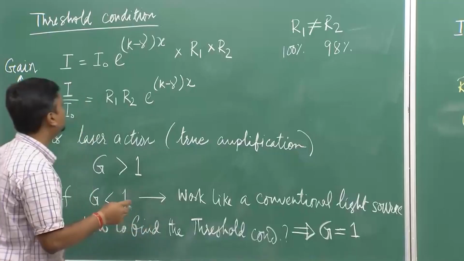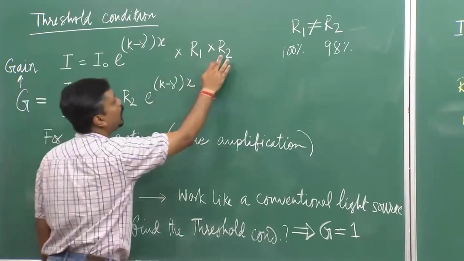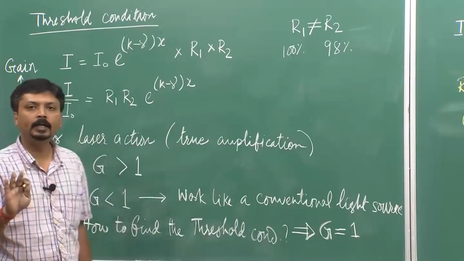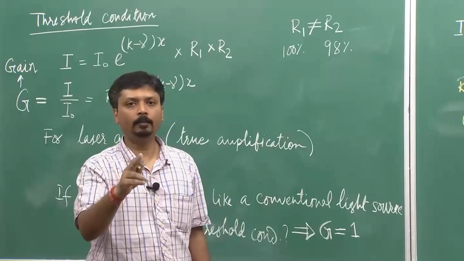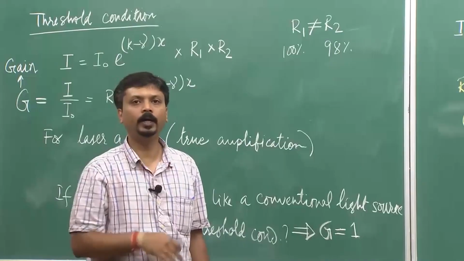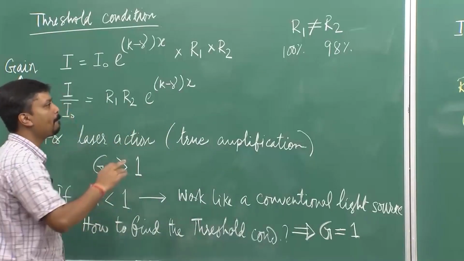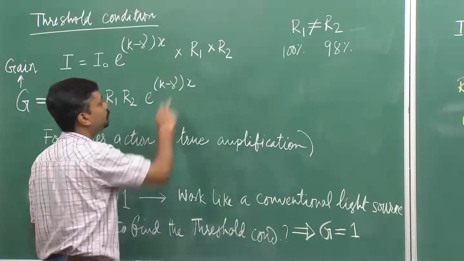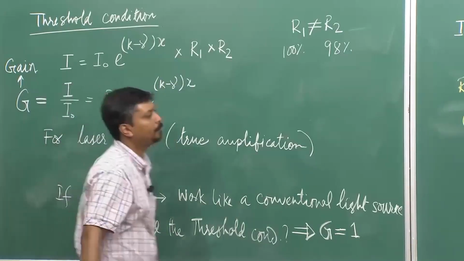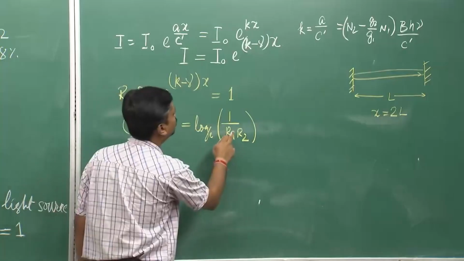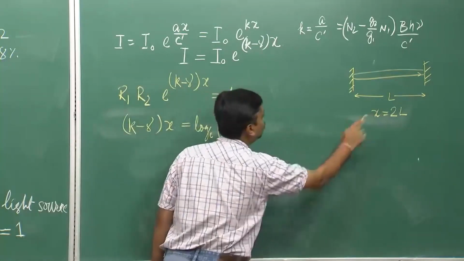If you look at this expression where we introduce R1 and R2, it should tell you clearly that we are considering a round trip. Without a round trip, I cannot complete even one wavelength. So, for that we have x equals 2L.